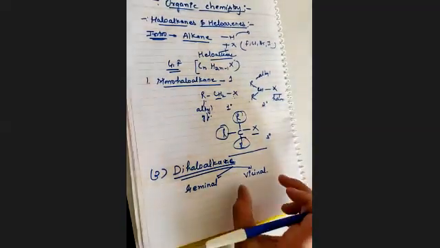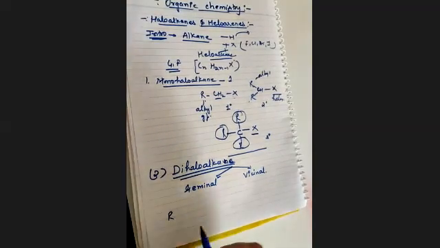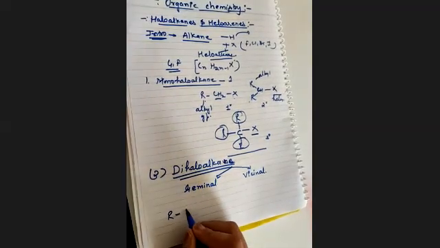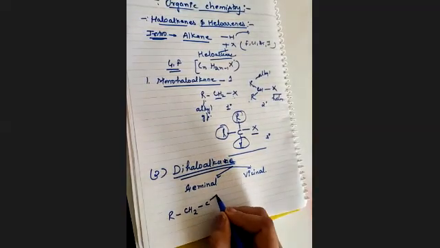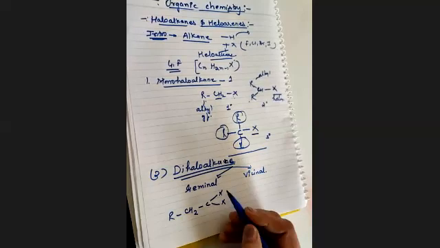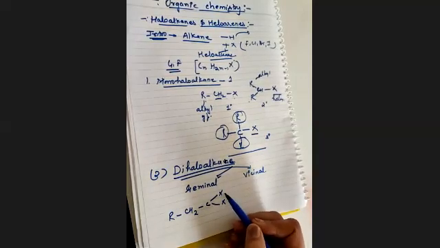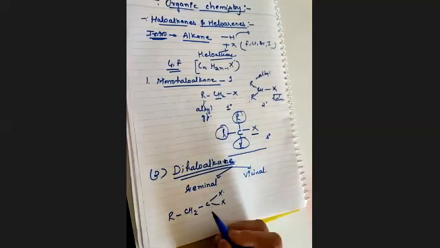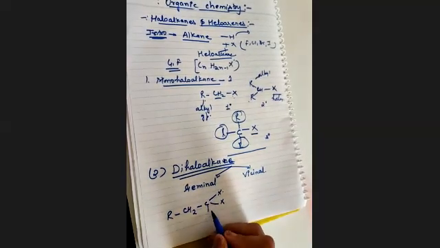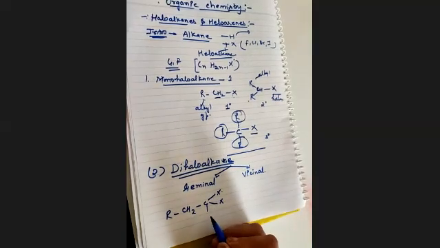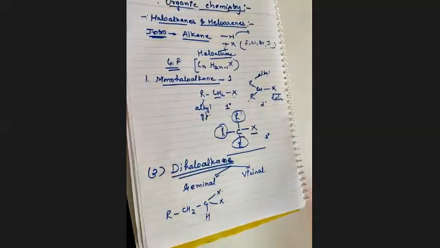So what is the difference between these two types of haloalkanes? The major difference is that, let me explain this with the help of an example. If you attach one alkyl group along with the halogens, since we are talking about dihalogen here, we have to attach two halogen species. This X represents the halogen, and since the valency of carbon is not stable here, we'll attach one hydrogen also.